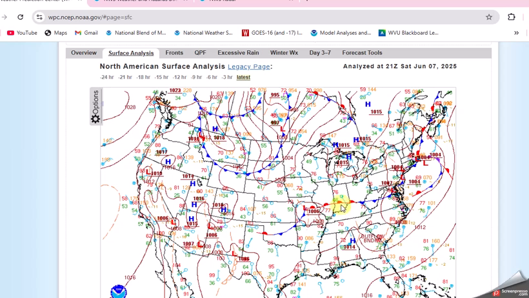Well, see this little symbol here at Indianapolis? Looking at it, you can see this barb coming down and a little tiny barb on the end of this line. That is a wind speed and a direction. The direction, we all take as from where the air is coming from.